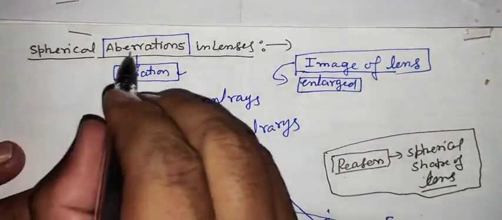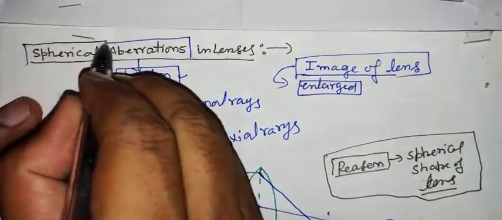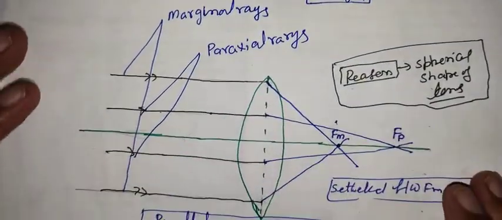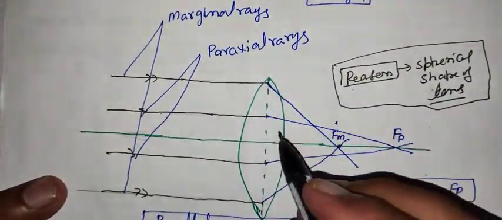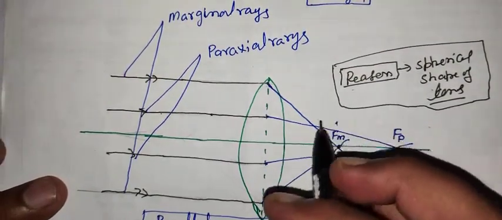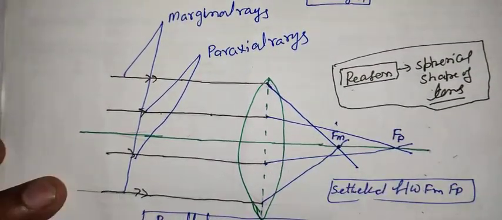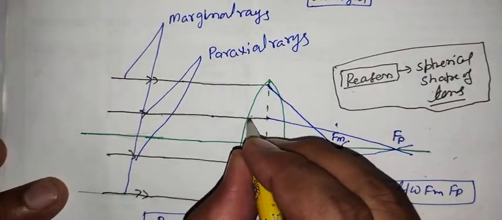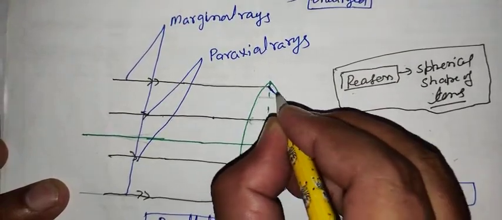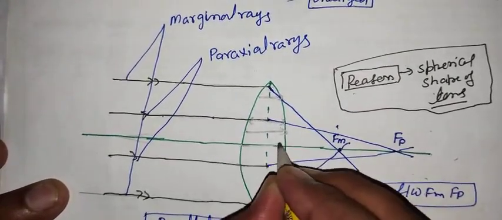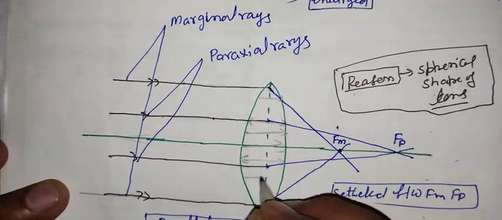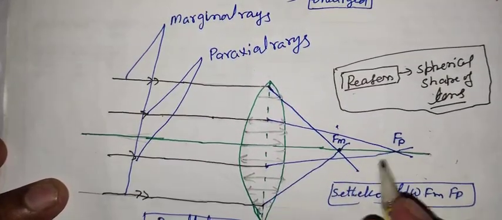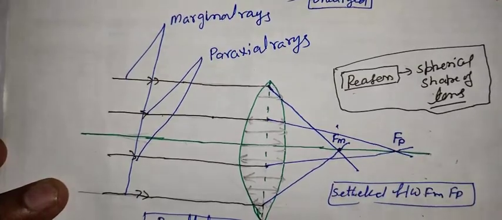That is why this aberration is called spherical aberration in lenses. Why is this spherical shape responsible for the defect, the enlarged image? Because different parts of the lens have different thickness. That is why they have different focal lengths or focal points, and so the image acquires a range.